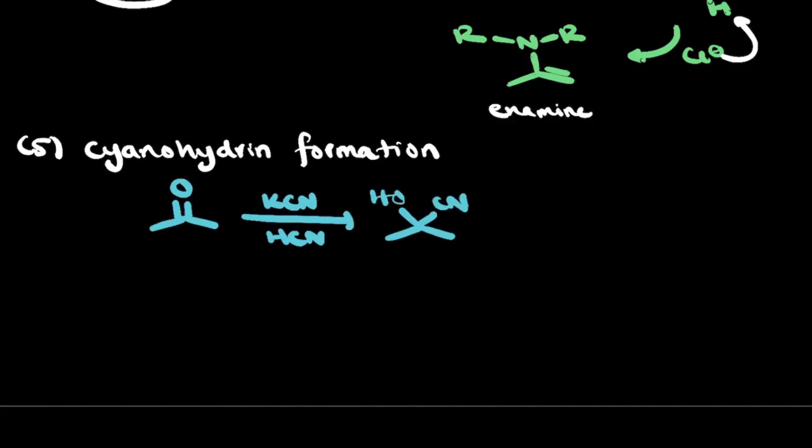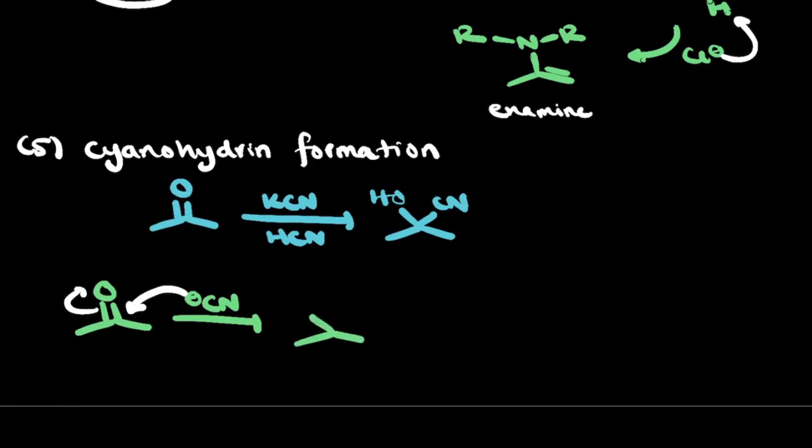Okay. Now, luckily, the basic mechanisms are a little easier than the acidic mechanisms. So we can go ahead and then look at these easier. So this doesn't require any activation right off the bat because we're working in basic conditions. So we can go and then take the lone pair from the nitrile and attack over here in order to end up with your oxyanion.